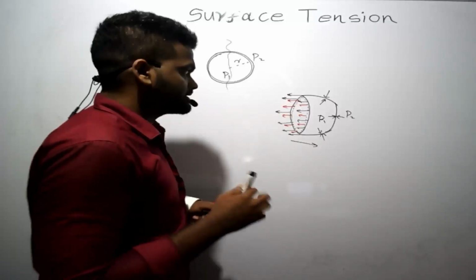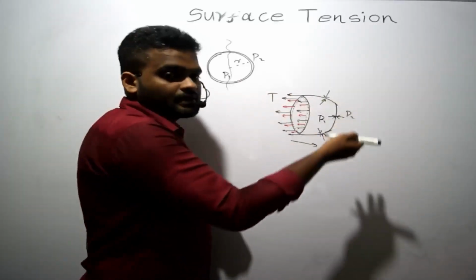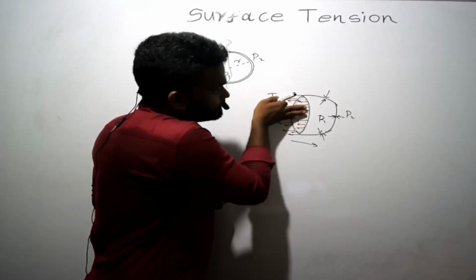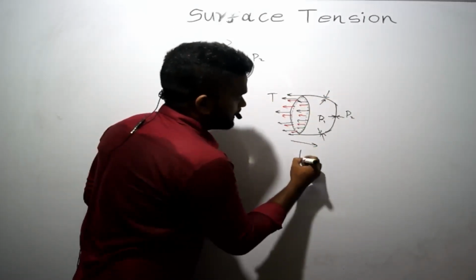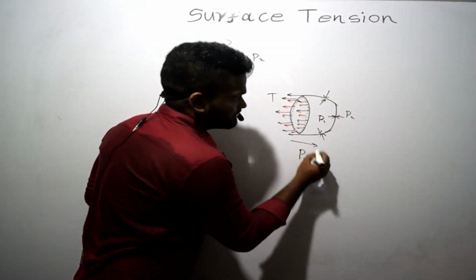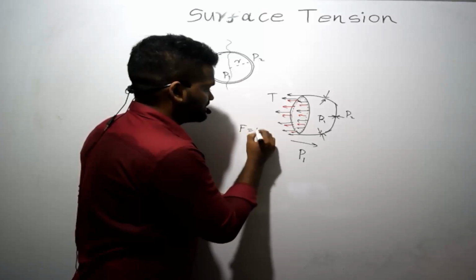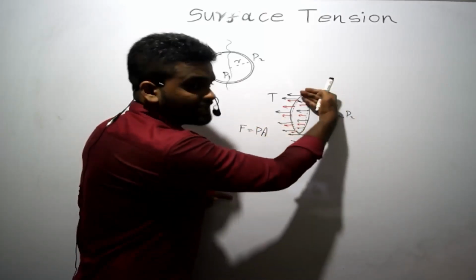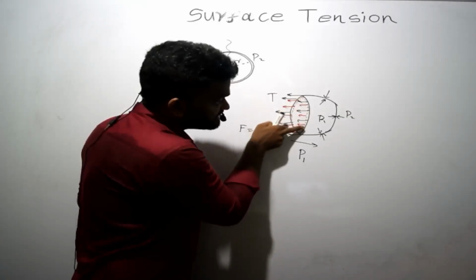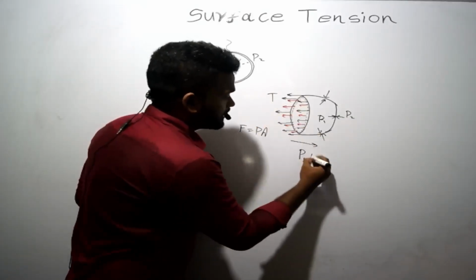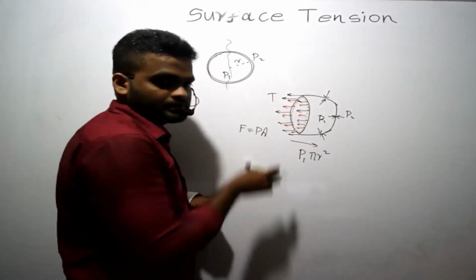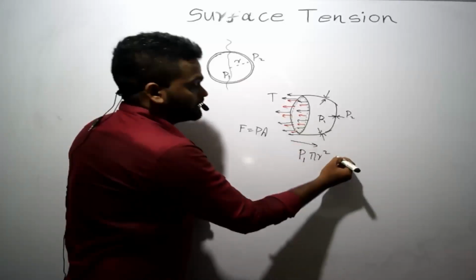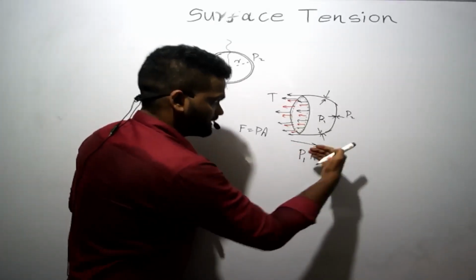Okay, now let's balance this out. So what is the force to this side? P1 multiplied by area. Force is pressure times area, right? So the area you take is not the area of the hemisphere, but the area of this circle, right? So it is pi r squared. So that is the force to that side, equal to forces to this side.